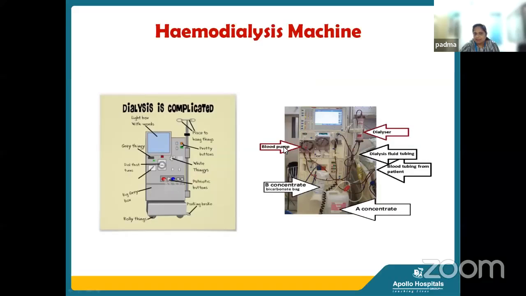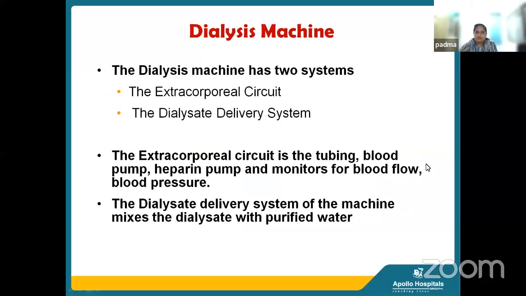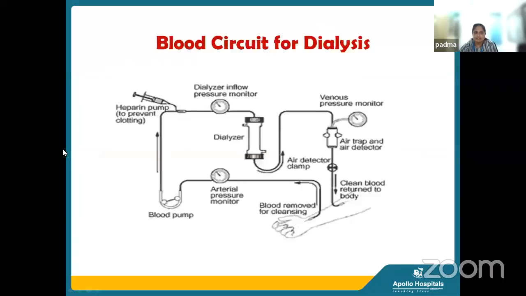This is the blood pump, this is the bicarbonate concentrate, and this is the acid concentrate. These are the blood tubings and the dialyzer. This dialyzer also works as a kidney in dialysis patients. And these are the dialysis fluid tubings. The machine has two systems, that is the extracorporeal system and the dialysis delivery system.